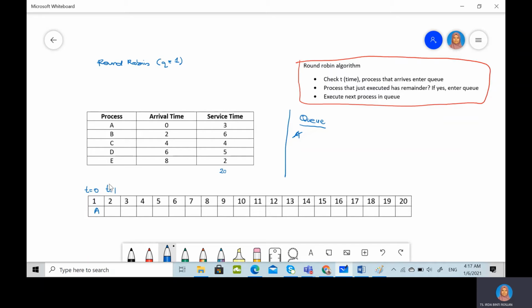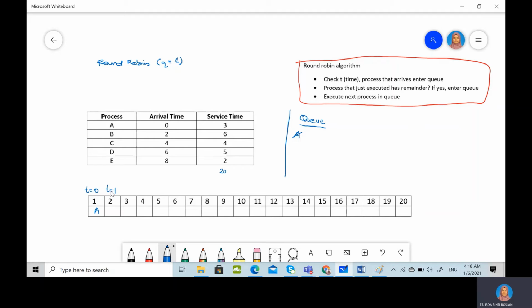This will be a loop. The algorithm is looping. After executing, we again check the time, then check whether the process has a remainder or not, and then execute the next process and so on. So we already executed A. Next we check the time.